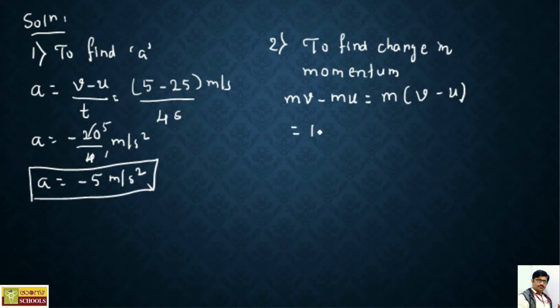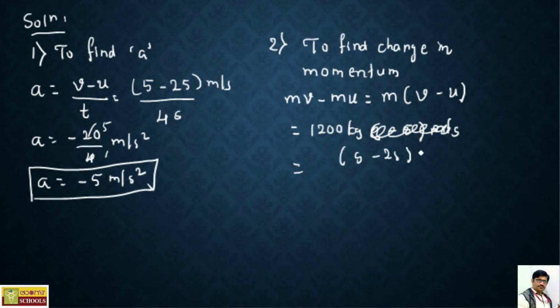M is 1200 kg, and v minus u is 5 minus 25 meter per second.